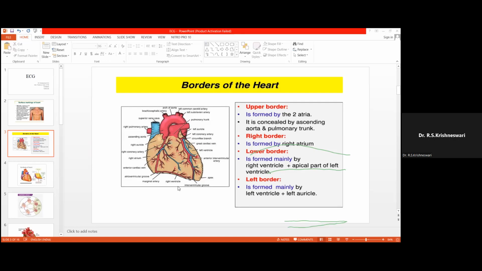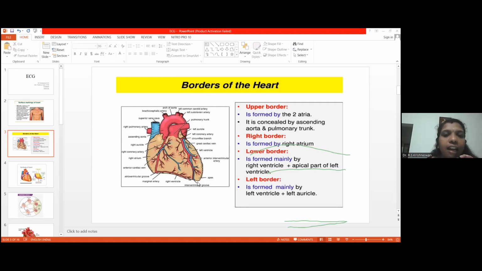So these are the four borders of the heart: upper, right, left, and inferior. The upper border is formed by the right atrium and left atrium, and also the aorta and the pulmonary trunk. The right border is formed by the right atrium. The left border is formed by the left ventricle, and the inferior border is formed by the right ventricle and also a small part of the left ventricle.